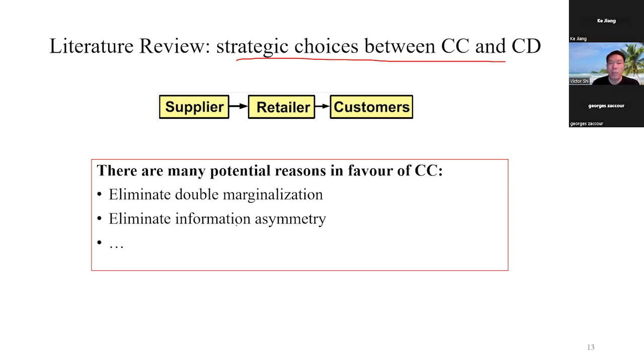And sometimes the supplier and the retailer have different information about, say, the demand, and that might cause an information asymmetry problem. But if the supply chain is centralized, then you eliminate this information asymmetry problem. So basically, most people will say that complete centralization is better, right?